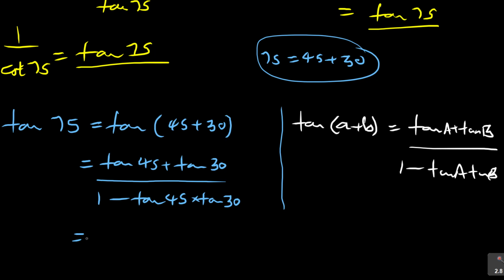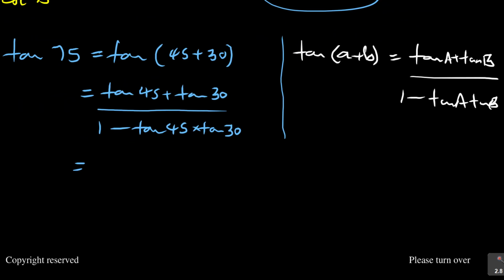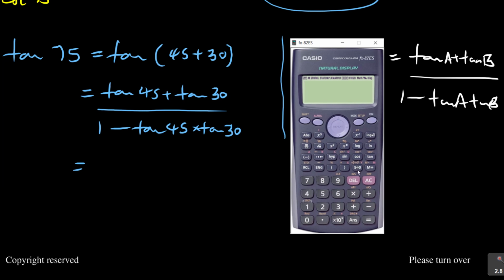Now you are allowed to use a calculator here, because they assume you know the special angles. What is tan 45? You just take a calculator, and you get 1, which is good. What about tan 30? It's the square root of 3 over 3. That's where you need to be clever. You don't write that, because they will catch you using a calculator.